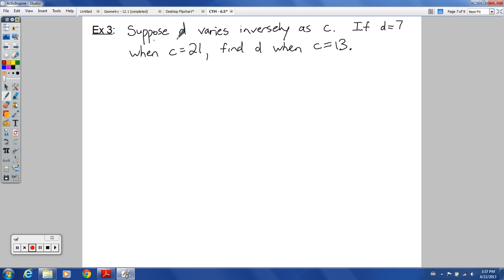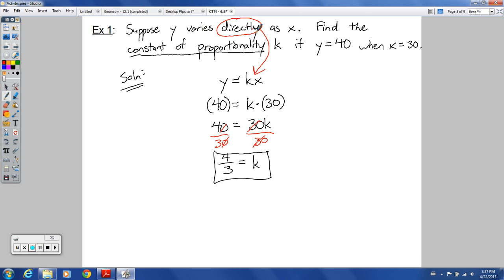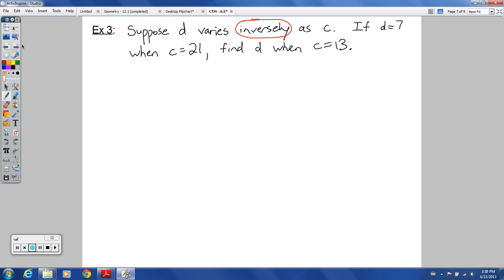And let's get out our different color here. I want to circle this word right here, inversely. So just like we had done here with the directly, we're going to start off with our general formula, our general equation for direct variation. Here, instead, it's going to be the general formula for inverse variation. So what's the inverse variation formula? It was y equals k over x.